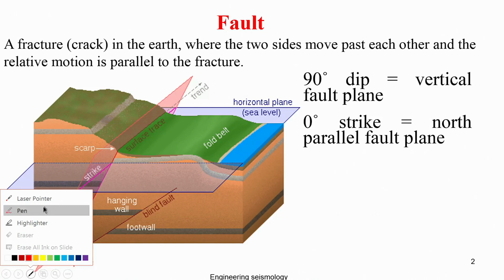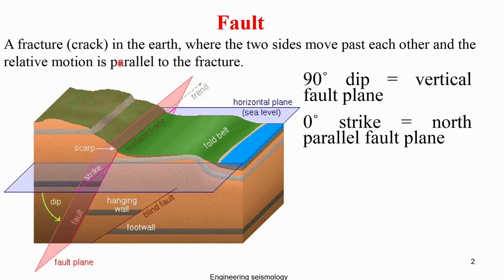Two sides move past each other, with relative movement parallel to the fracture. This is how you can visualize the source. Basically the fracture is the joint or a weak zone. You can see here this is the fracture, so this is the fault.